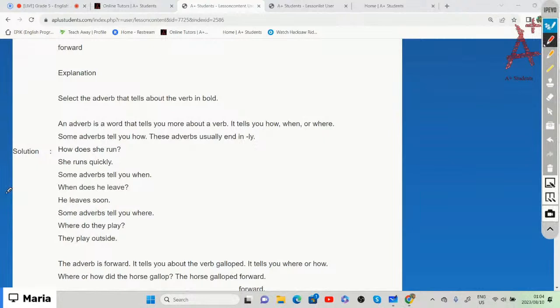Some of the adverbs that tell you how usually end in ly. For example, how does she run? And then we can say she runs quickly.